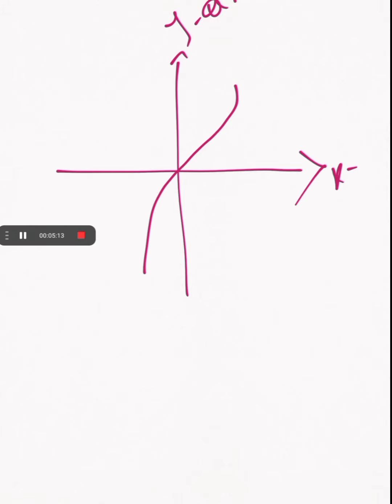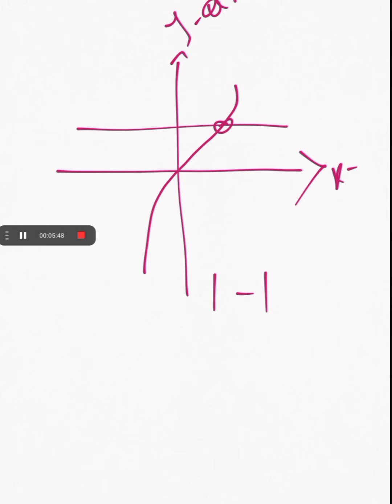By vertical line test, if we draw one vertical line, it intersects in only one point, so this is a function. Then we want to identify whether this graph is a one-to-one function or not. For this, we use the horizontal line test. Just draw one horizontal line here. The line only intersects in one point, so this graph is a one-to-one function.